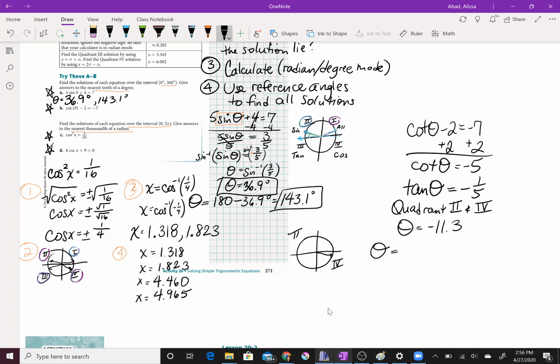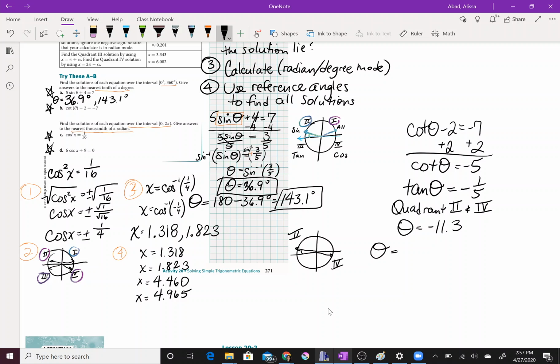For quadrant 2, we're going to need to find our negative 11.3. It's a little weird to describe this because you're talking about a reference angle and you're seeing a negative value. You will have to ignore that negative for now. Just think of it as, where is 11.3 as a reference angle in quadrant 2?